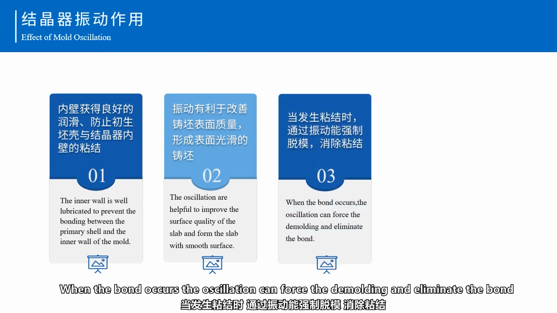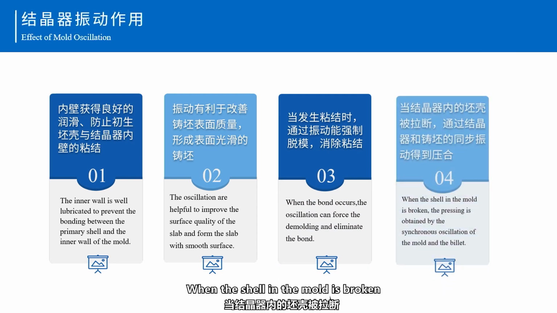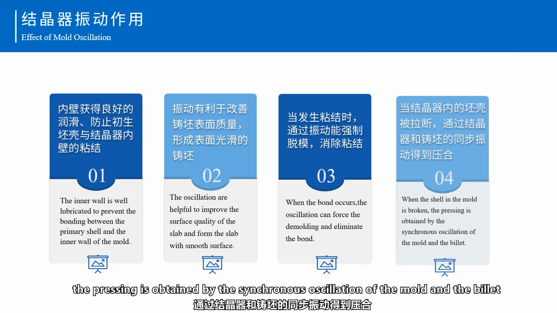Third, when the bond occurs, the isolation can force the demolding and eliminate the bond. Fourth, when the shell in the mold is broken, the pressing is obtained by the synchronous isolation of the mold and the billet.